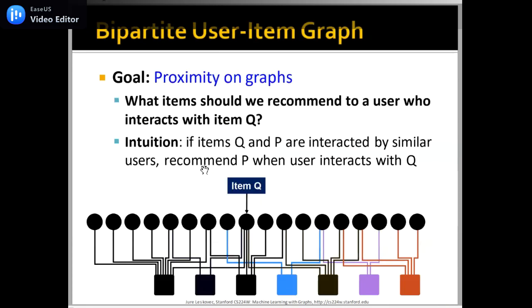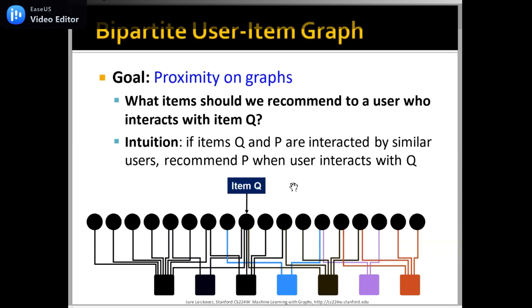And then we want to figure out what items we should recommend to a user who interacted with item Q. If this user has interacted with item Q, then what other items shall we recommend?